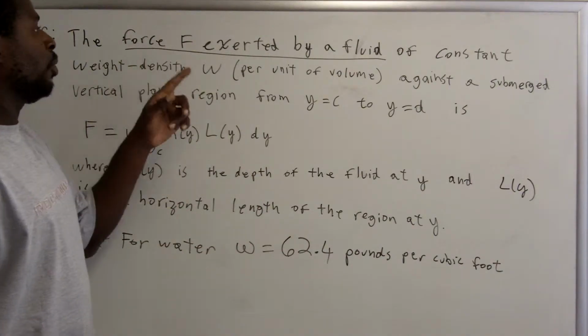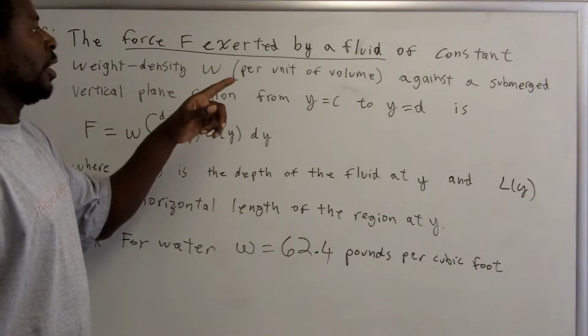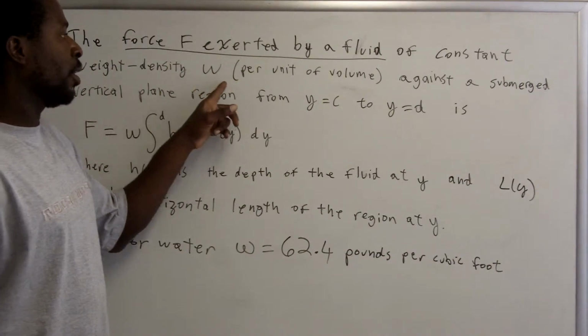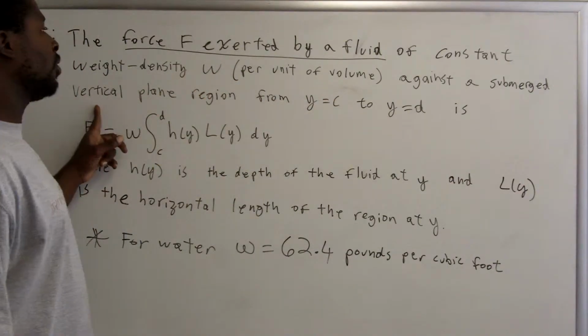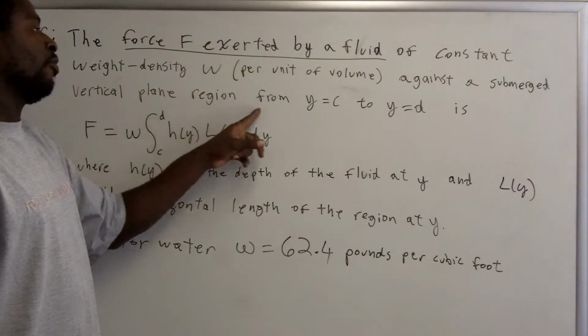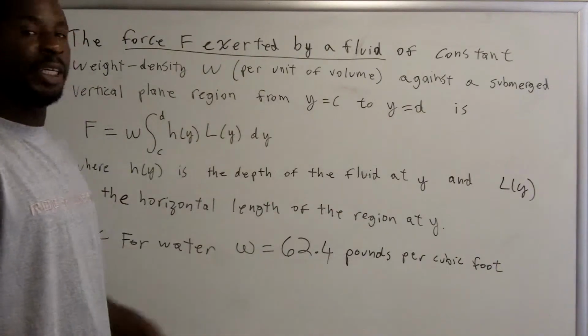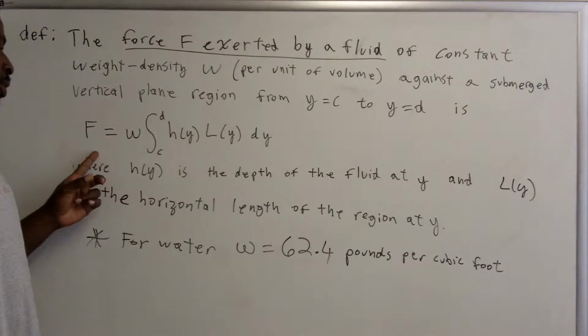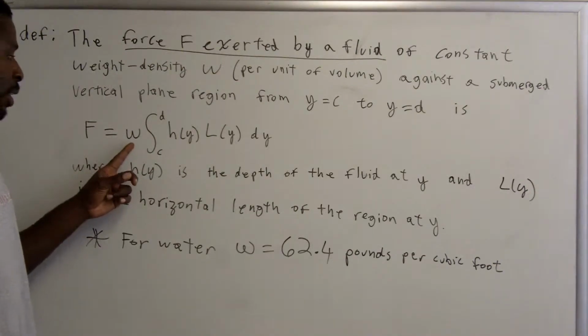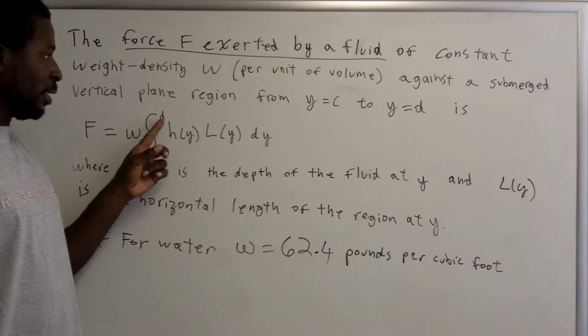So anyway, the fluid force F exerted by a fluid of constant weight density omega against a submerged vertical plate region from y equals c to y equals d is given by this integral. F is equal to omega times the integral from c to d.